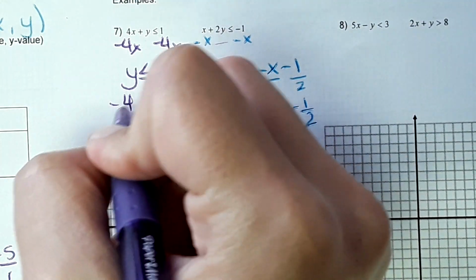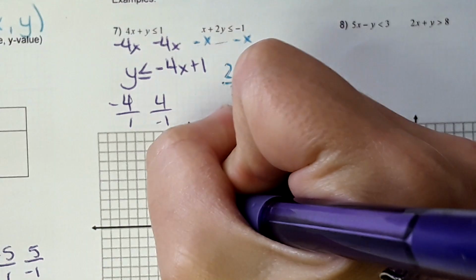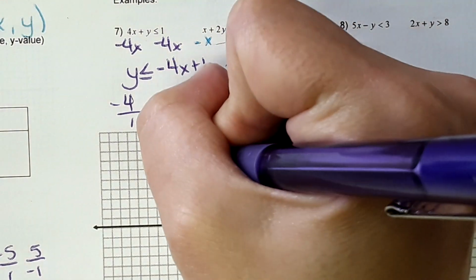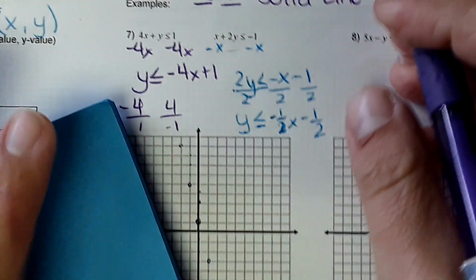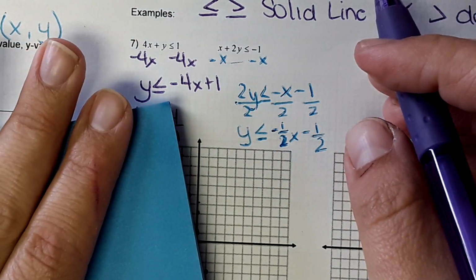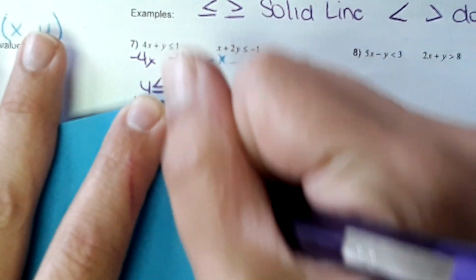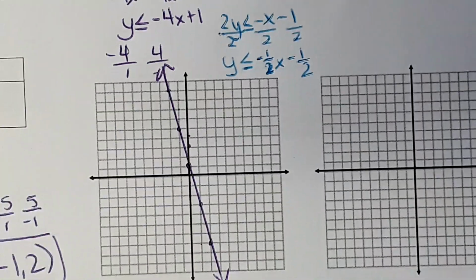Negative 4 over 1 is the same as positive 4 over negative 1, so I can also graph in the other direction. And there's my line.